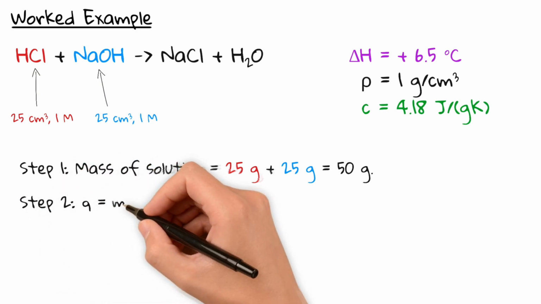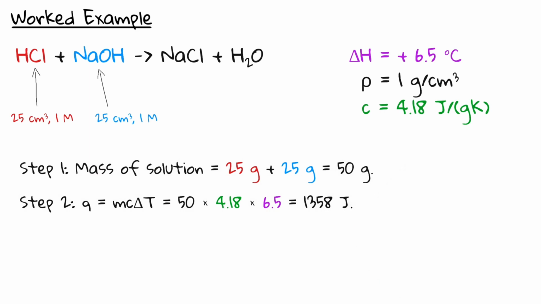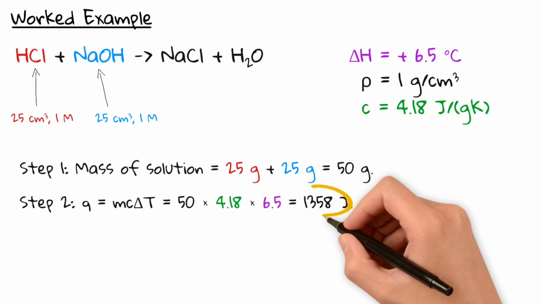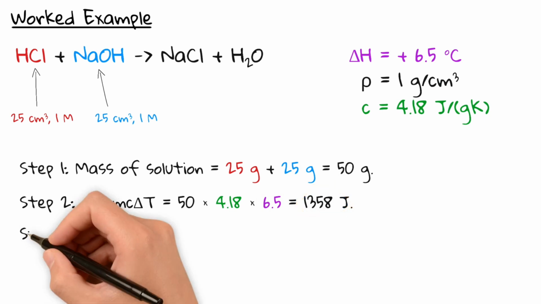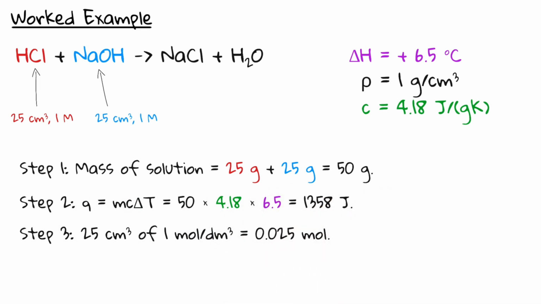Next, we're calculating the heat change. Q is mc delta T, so 50 times 4.18 times 6.5, so about 1358 joules. Note how the positive temperature change leads to a positive energy change. Next, we check how many moles reacted. We have 25 cubic centimeters of 1 molar solution.